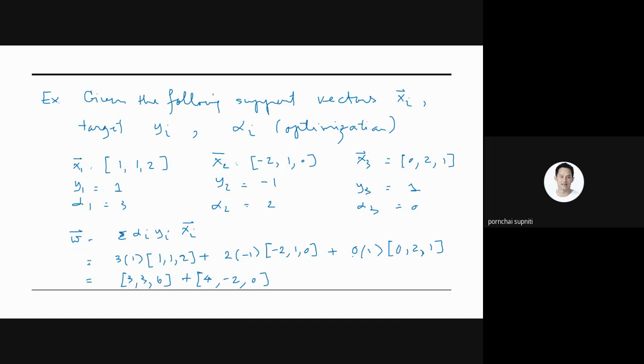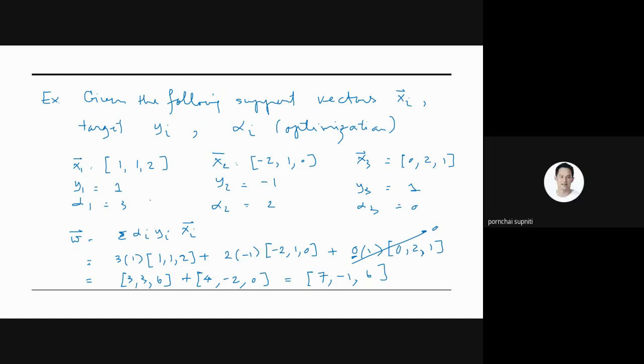And for the last term, because we have 0 here, right? So the whole thing becomes 0. Okay. So when you add it together, what do you get? You get 7, minus 1 and then 6. Okay. So this will be the weight vector. Okay.